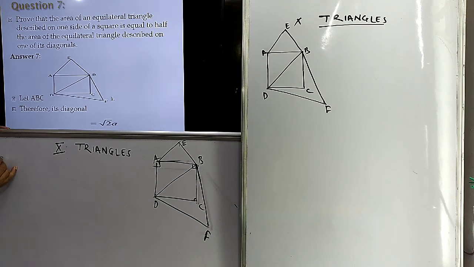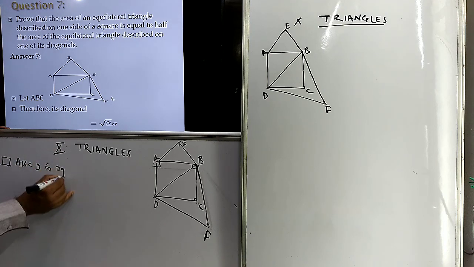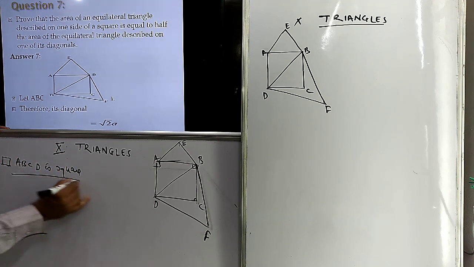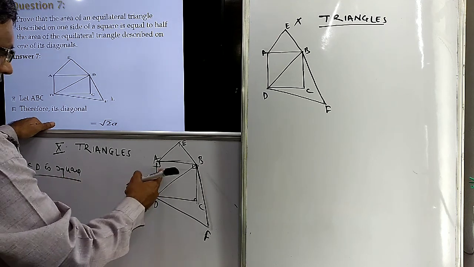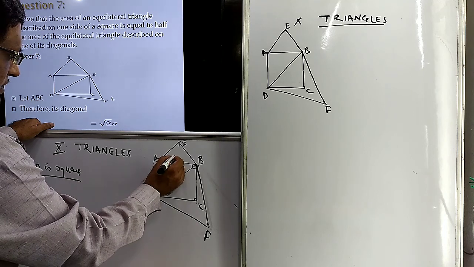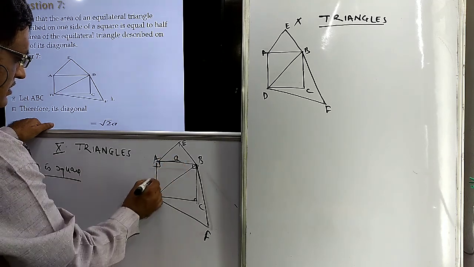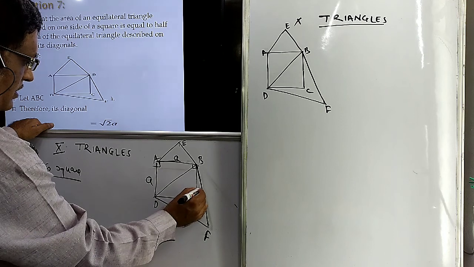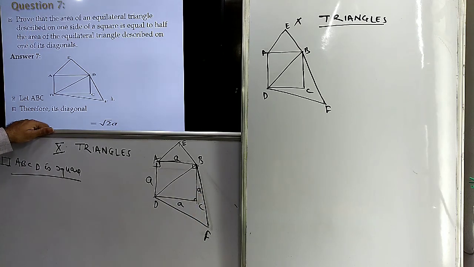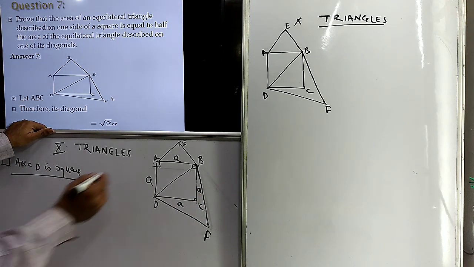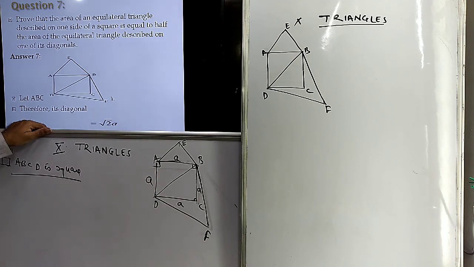So what is given? First of all, quadrilateral ABCD is a square. You know that if it is a square, then all sides are equal and all angles are 90 degrees. So let us say each side is A. Now you know the area of an equilateral triangle.